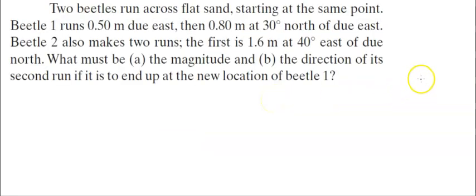Alright, let's take a look at our problem. Beetle 1 and beetle 2. We have two beetles making 2 runs each. I'm going to zoom out here to get a little more room. Let's use vector A to label beetle 1. A1 is going to be beetle 1's first run, and A2 will be beetle 1's second run. If we draw this out, it might look something like this.